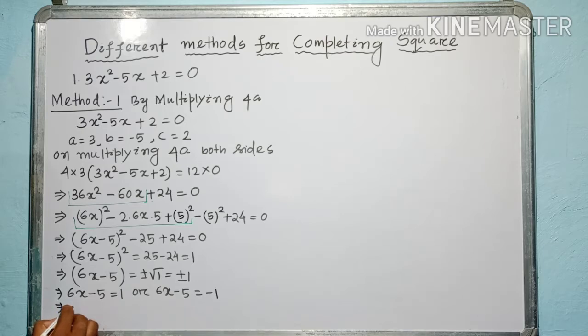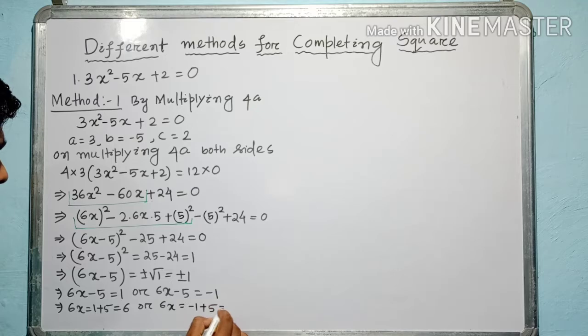This implies 6x is equal to 1 plus 5, that is 6, or 6x is equal to minus 1 plus 5, that is 4. So x is equal to 6 by 6, which is 1, or x is equal to 4 by 6, that is 2 by 3. So these are the two solutions, 1 and 2 by 3.